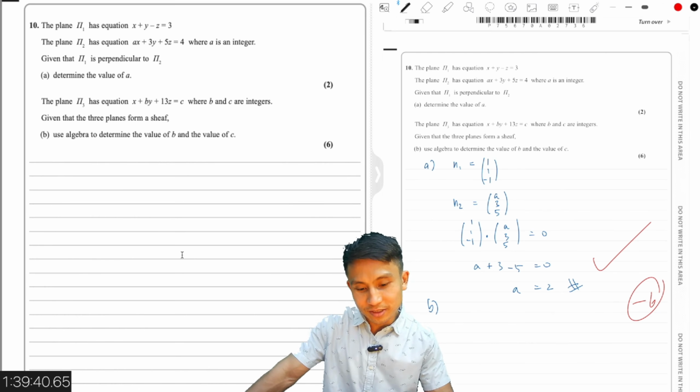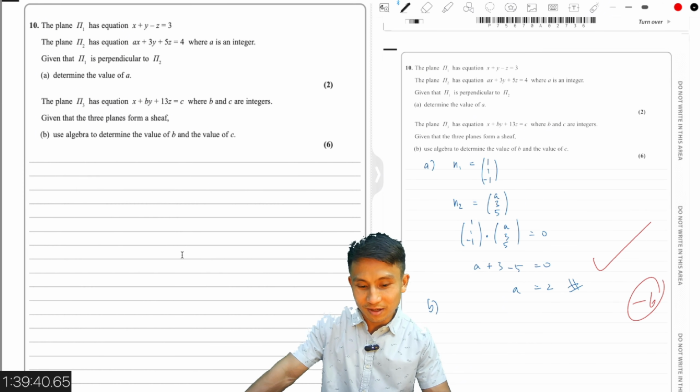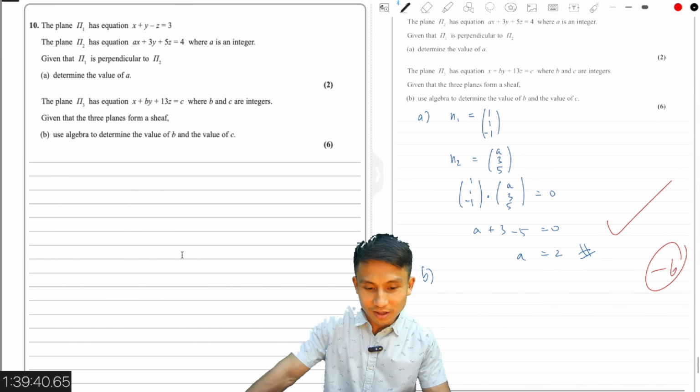The thing was to have 3 planes forming a sheaf like that. It must be a linear combination.